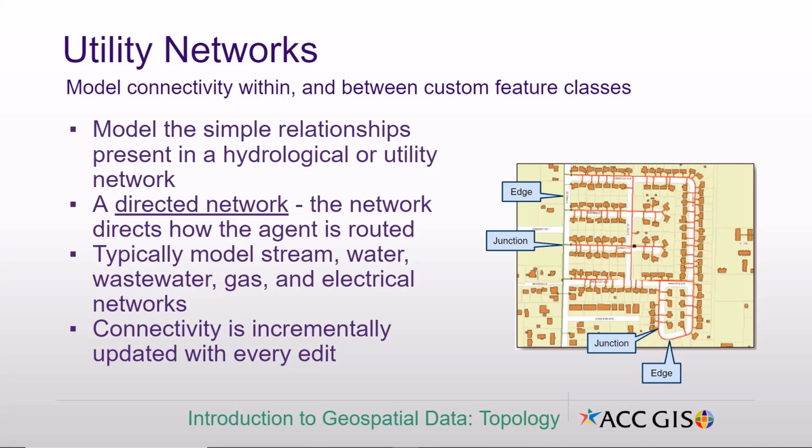And then they are connected to each other by junctions and then connected to the neighborhood system by junctions as well. And then notice the neighborhood system distributes whatever the agent is, in this case electricity, to the houses that end in a little yellow junction. And that little yellow junction actually connects to the household system.